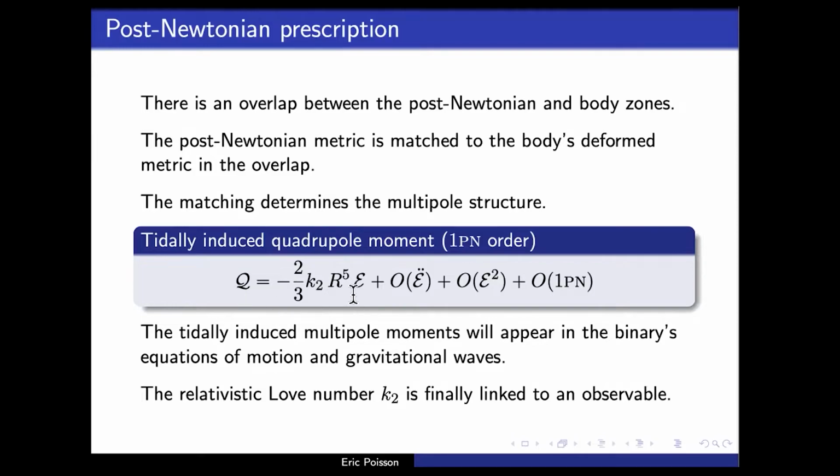So that relationship that was taken for granted previously has now been derived, I would say, appropriately in GR, and that required providing an adequate definition for what the multipole moments had to be, and that's where the post-Newtonian story comes in. I believe there was a question.